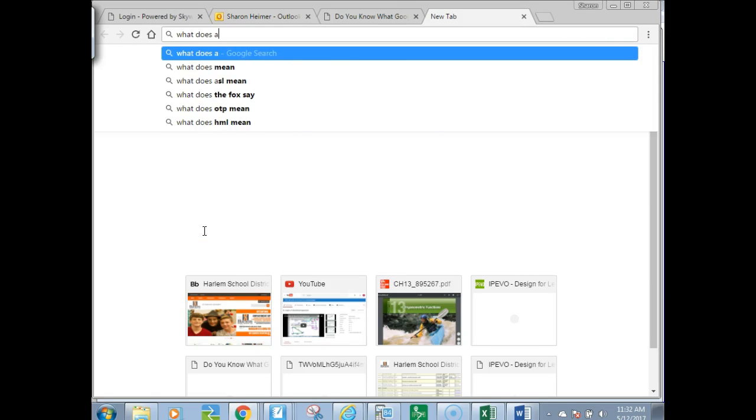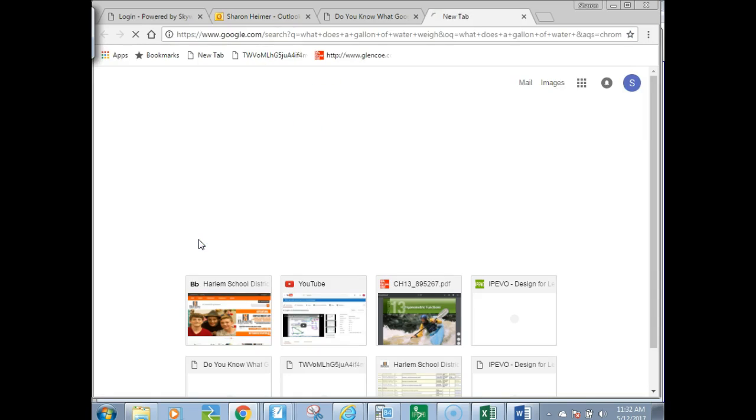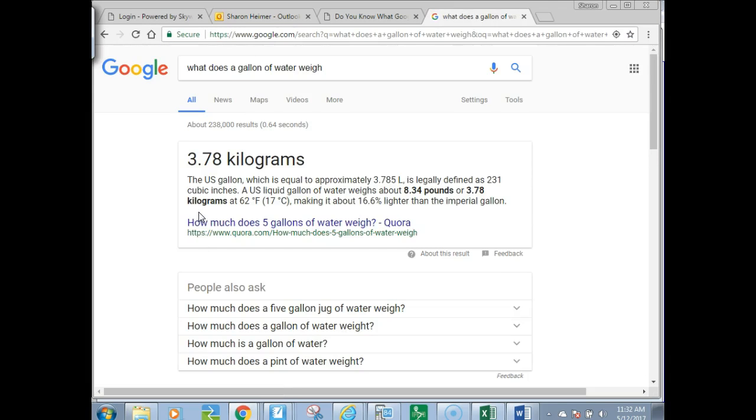What does a gallon of water weigh? Did we have 3.78? Oh, no, it was in kilograms. We had a liquid gallon of water weighs 8.34 pounds. Is that on our paper? Did we have pounds?